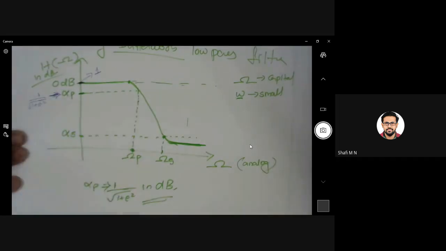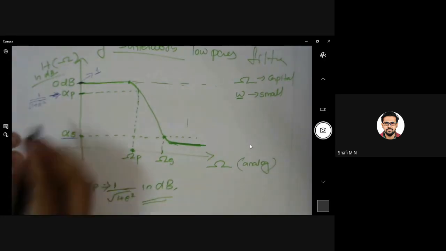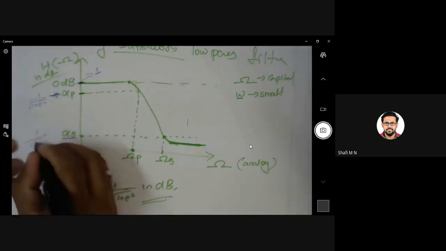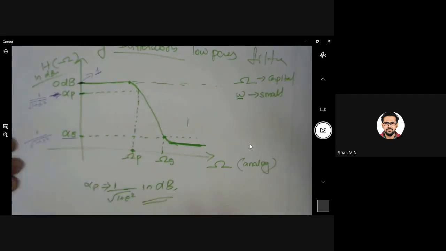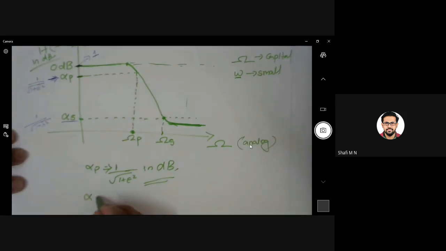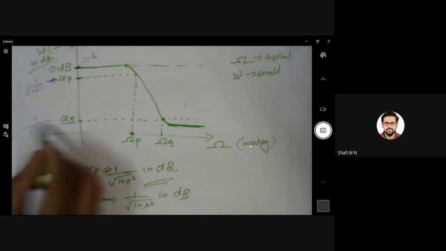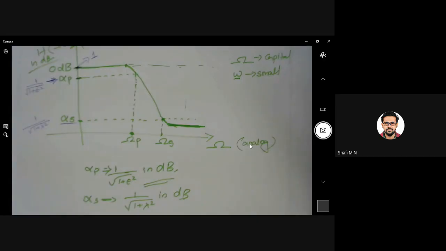Similarly alpha S is a parameter in dB. Here you have another term, 1 by root of 1 plus lambda square. So alpha S is 1 by root of 1 plus lambda square expressed in dB. In gain format, it is 1 by root of 1 plus lambda square.